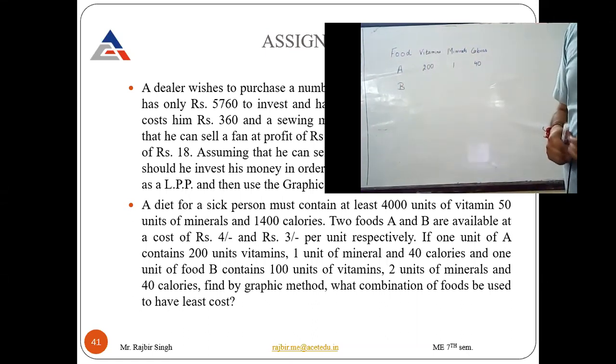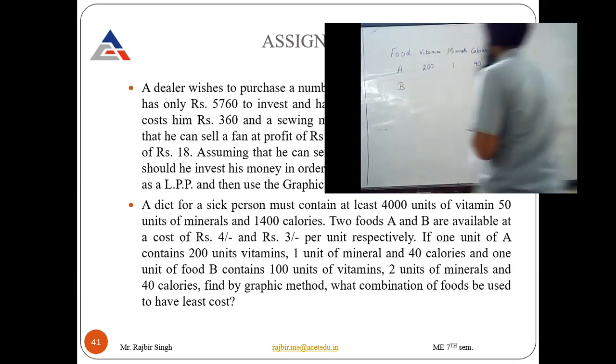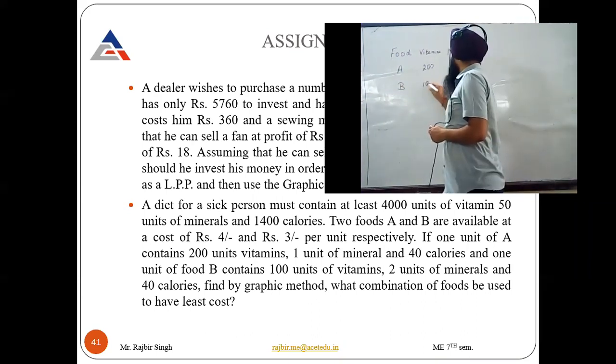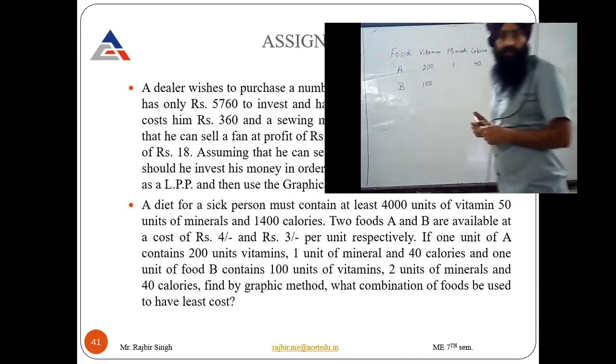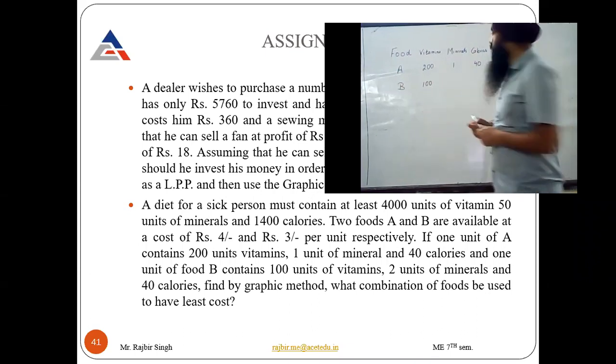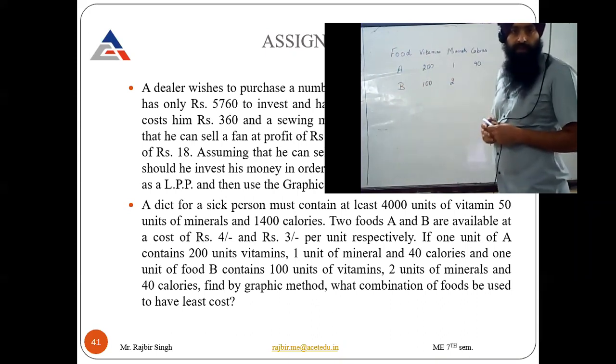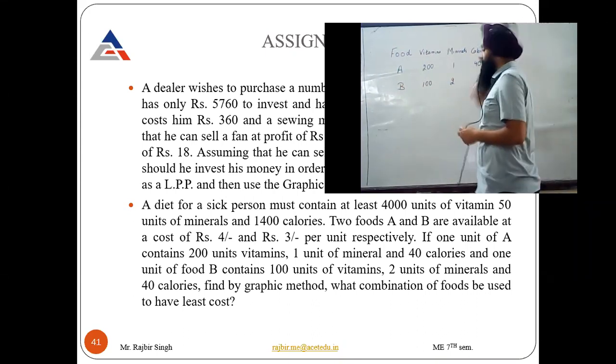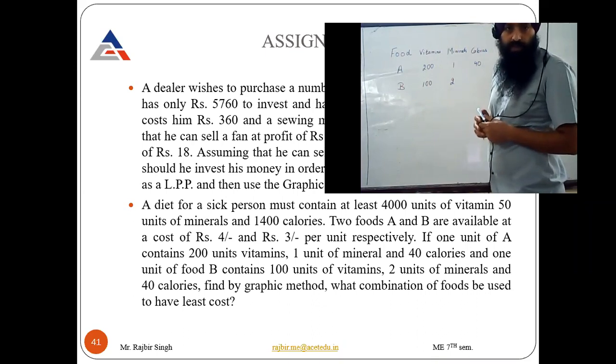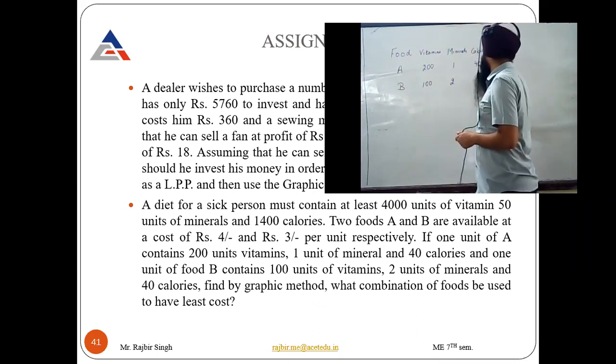Similarly, 1 unit of B contains 100 units of vitamins, 2 units of minerals and 40 calories. So the number of calories in a unit of A and B are the same, 40 calories.